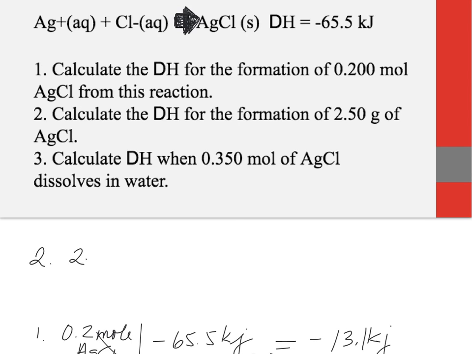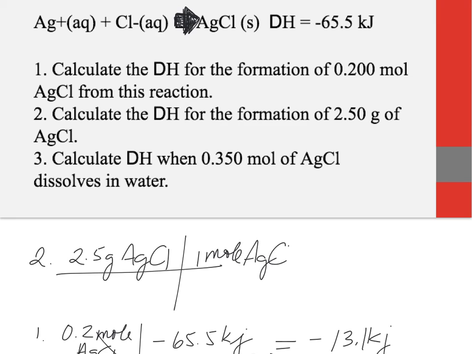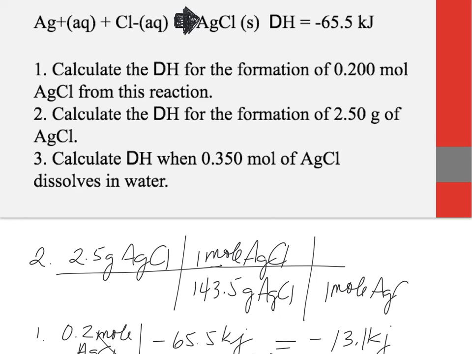So 2.5 grams of AgCl. You know that 1 mole of AgCl has a gram formula mass of 143.5 grams. And you know from the equation that 1 mole releases negative 65.5 kilojoules.